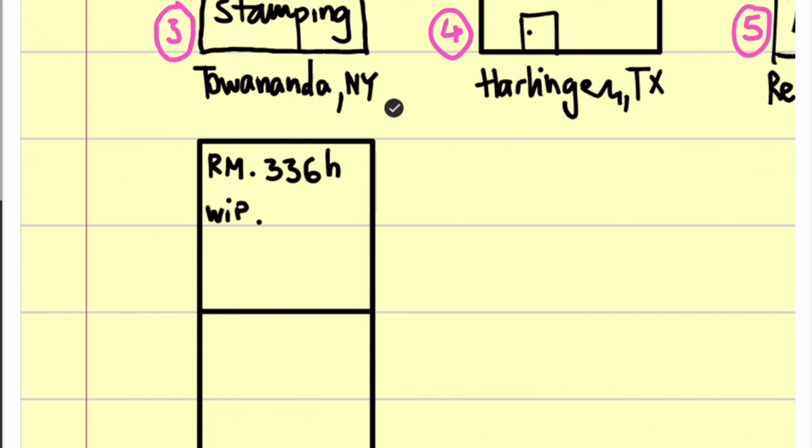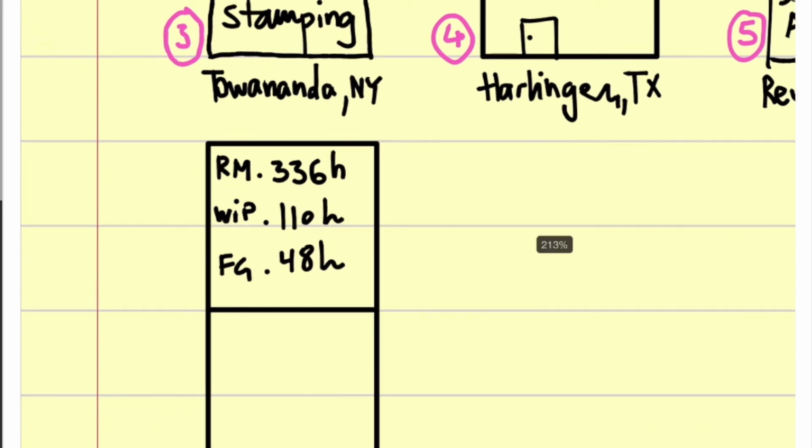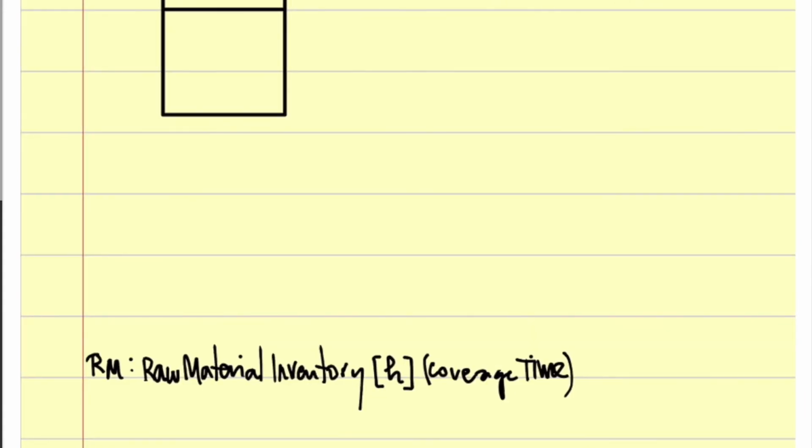The work in progress inventory is 110 hours. And the finished goods inventory is 48 hours. Okay, work in progress.